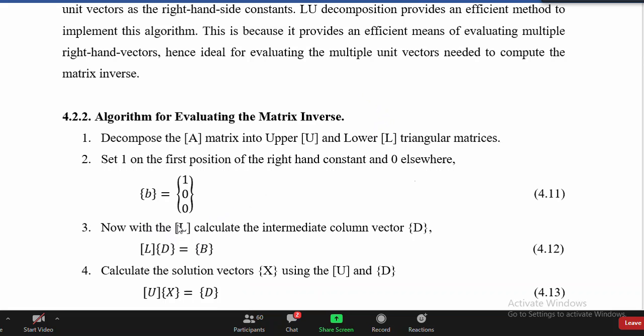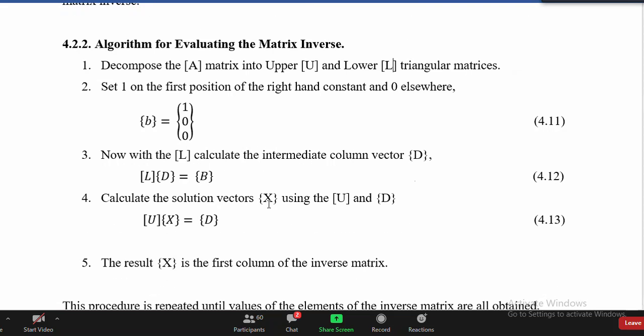Okay, so now with the B here and the L you got here, we can generate the intermediate vector D as we usually do up there. Then we calculate with the upper triangular matrix and the D calculated from here, using this and L. Use the D to calculate x1, x2, x3, xn.